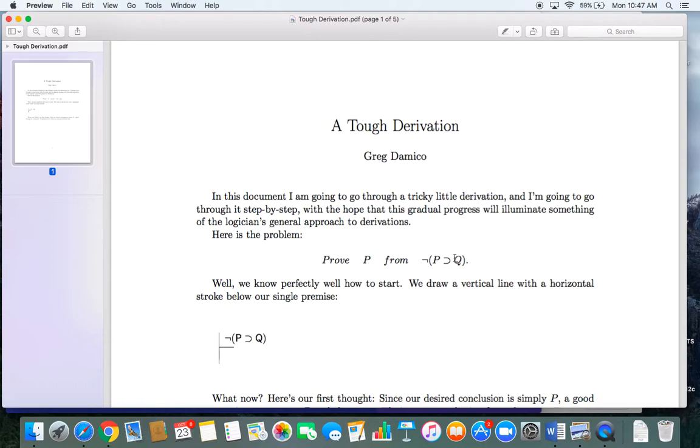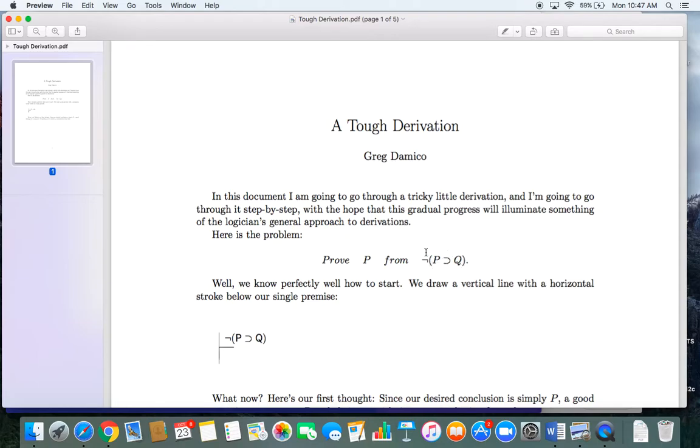Okay, here's the challenge. We want to prove P from the starting premise not if P then Q. And if you think semantically for a moment about what these sentences mean, I think you'll see that in fact P must be true given that not if P then Q is true.